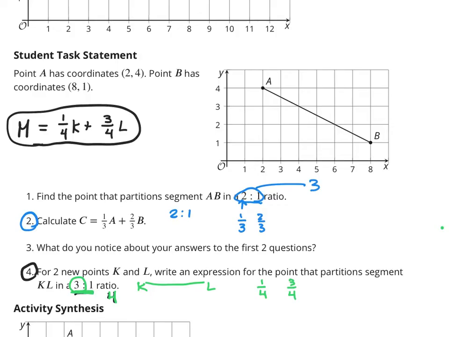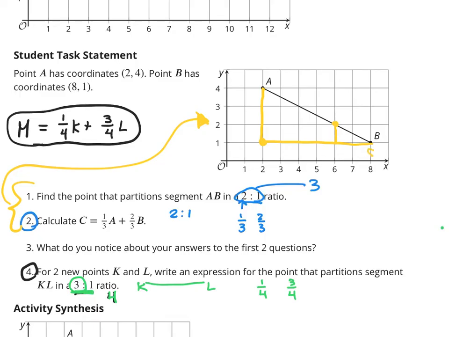The last thing I'm going to do is look at AB again. Let's look at numbers 1 and 2 with this drawing again, just to explain it in a different way. If we're doing that 2-to-1 ratio, I need to split it into 3 equal pieces, and this was the number we came up with. I could also set up similar triangles with that, right?